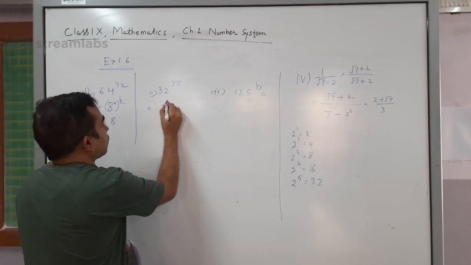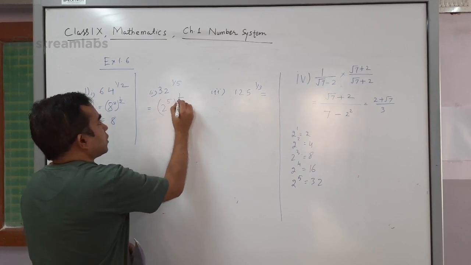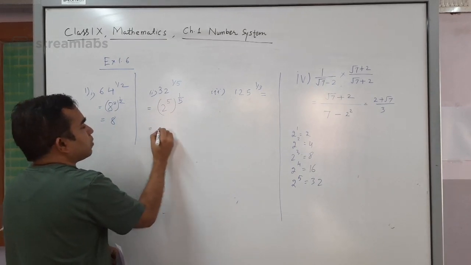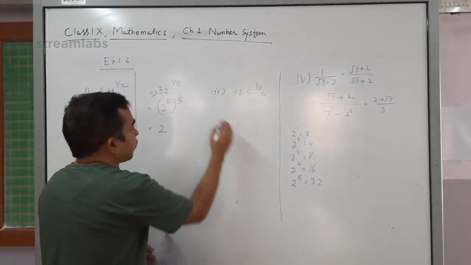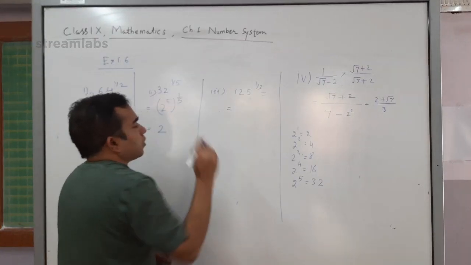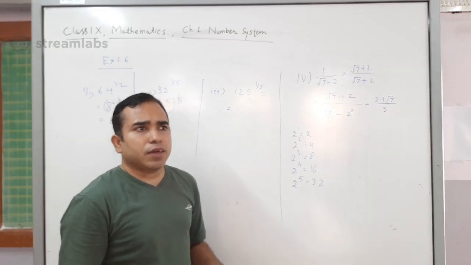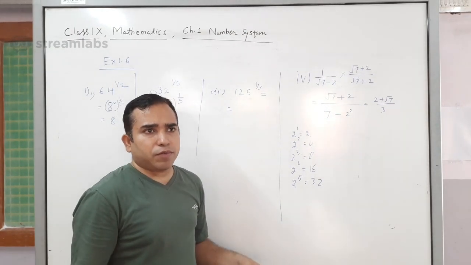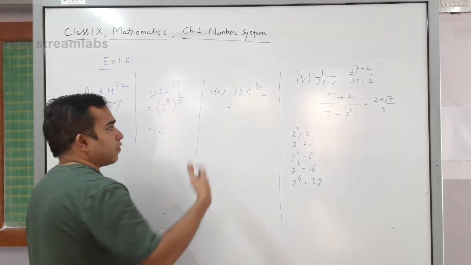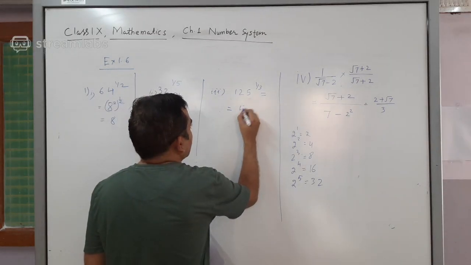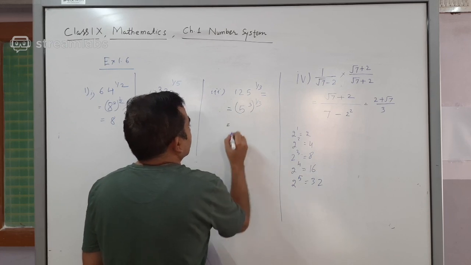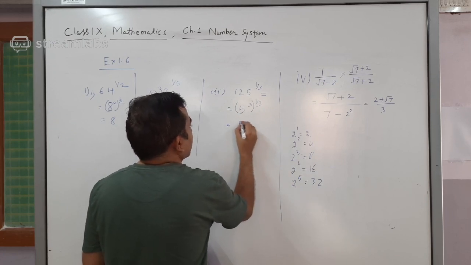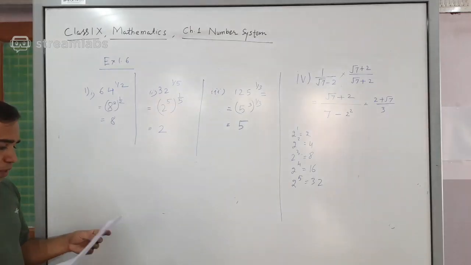So 2 raised to power 5, whole raised to power 1 by 5, becomes 2 to the power 1, that is 2, as 5 into 1 by 5 becomes 1. Now this one, 5 into 5 is 25, 25 into 5 becomes 125. So it is 5 cube. 5 cube to the power 1 upon 3, if you simplify, becomes 5. Simple.